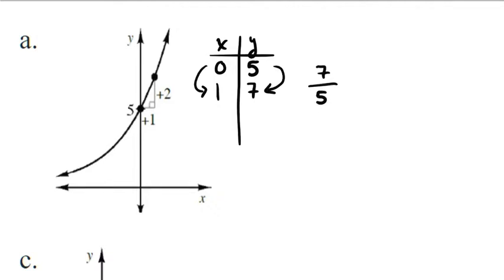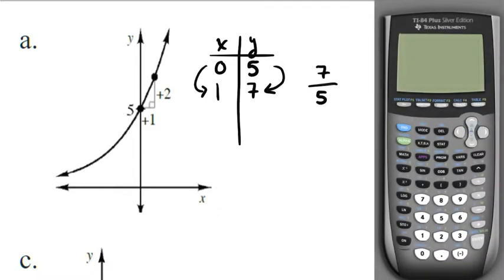If I take the number 5 and multiply it by 7/5, I see that I get a value of 7. So multiplication by 7/5 does transform the number 5 into the number 7.